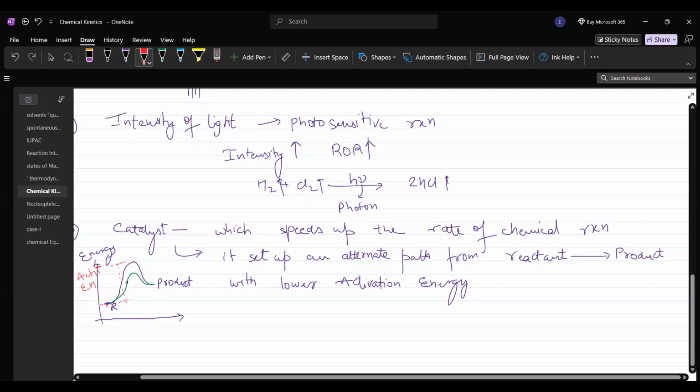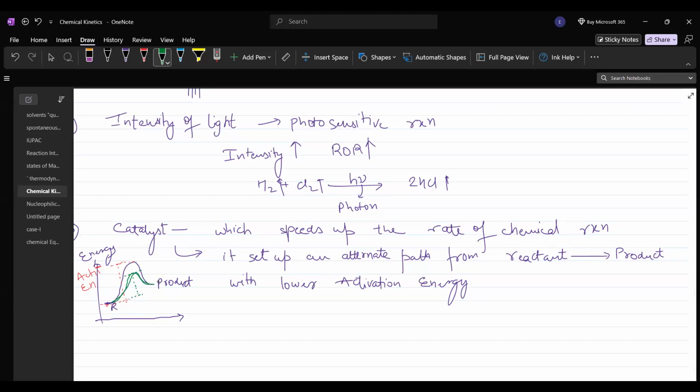Activation energy. So what is catalyst doing? It is lowering this point. Lower the activation energy, more will be the speed of rate of reaction. So this is an easy path for reaction to follow from reactant to product, and this is like a big mountain to cross, and this is a small mountain to cross.